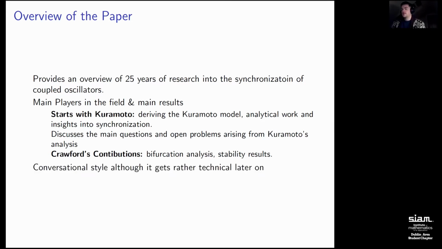The paper has a kind of conversational style to it, which I don't know if any of you are familiar with Strogatz and his work. He's actually a very good writer. If anyone has done any dynamical systems, you may have come across the dynamical systems book. I have it here beside me. It's always by my bedside at night.